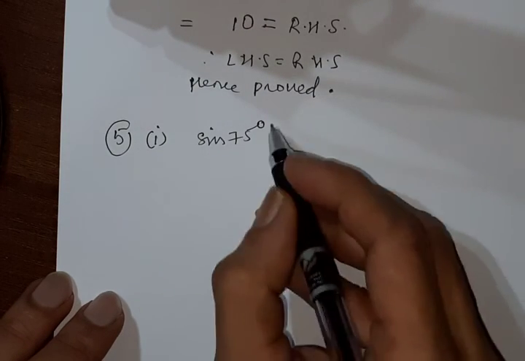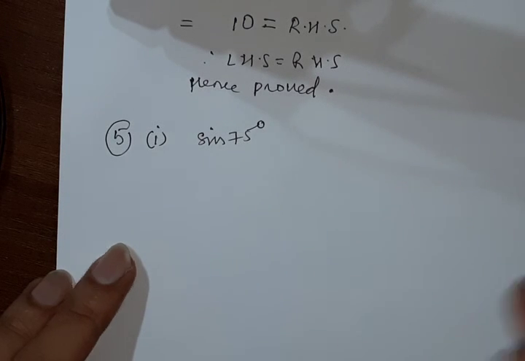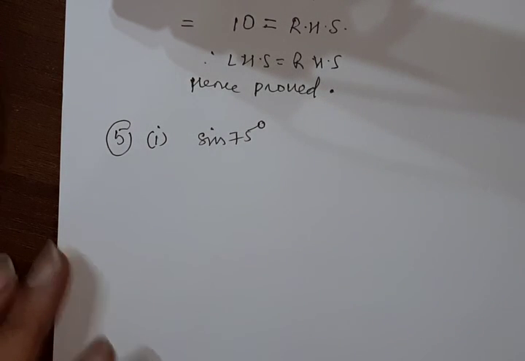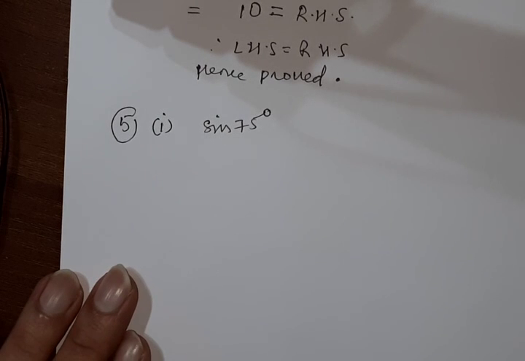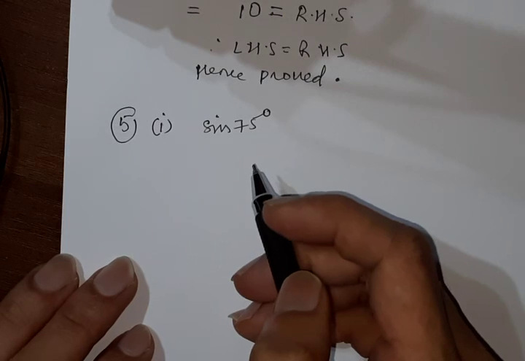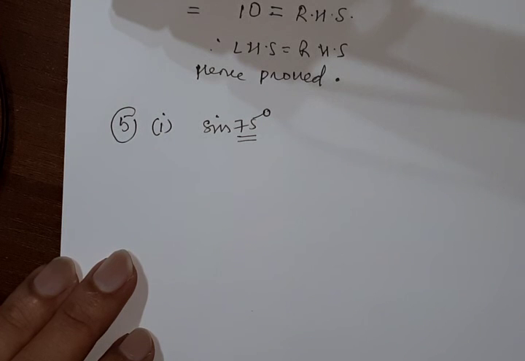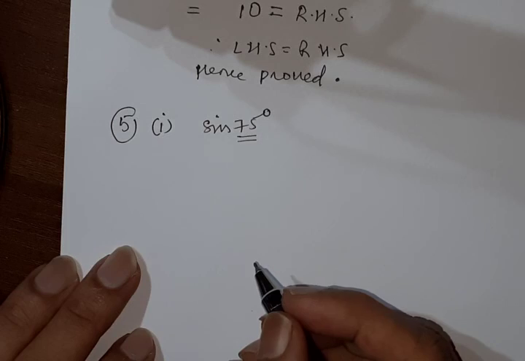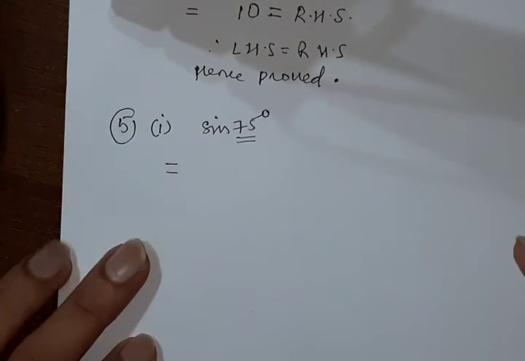Now the first question you have to ask is whether sine of 75 you know from the trigonometric table. Okay, sine of 75 we don't know directly from the trigonometric table. So what you do is you write 75 as some values for which you know the sine of the values.